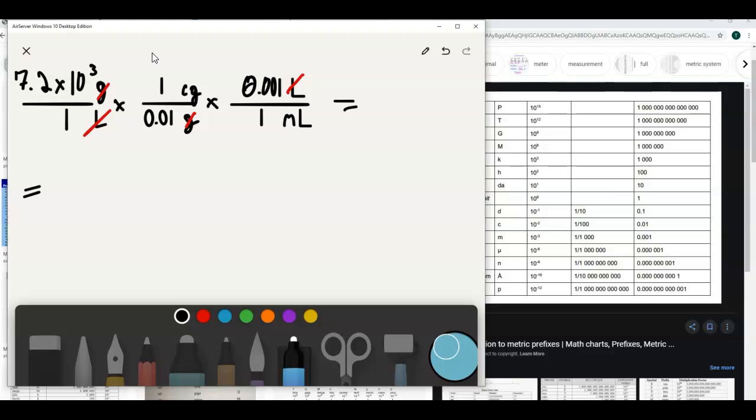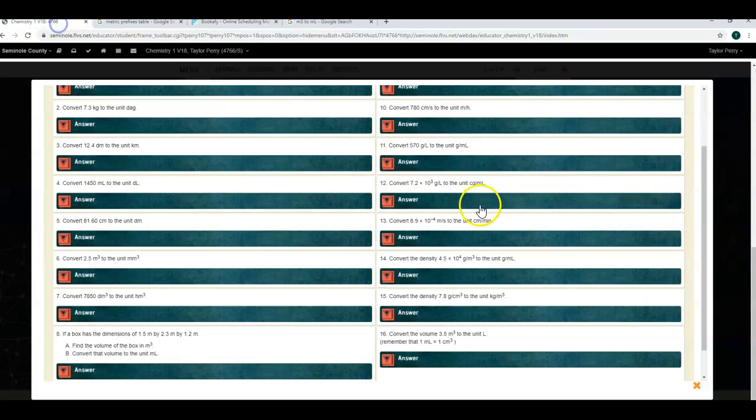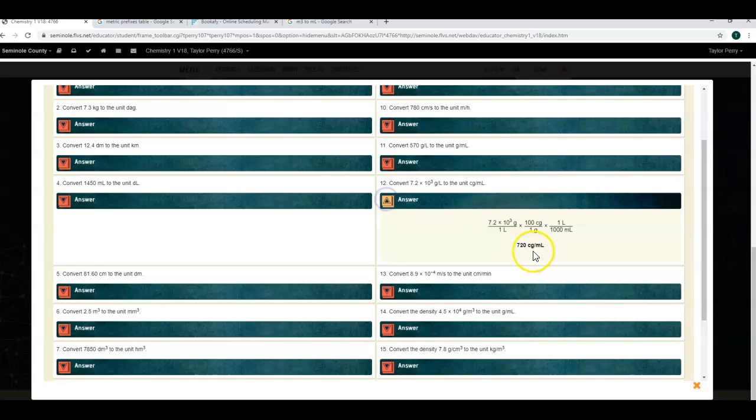Now I get, and I hope this is right, if not I'll have to go back and redo this, 720 centigrams per milliliter. Let's see if that's correct. Oh yeah, 720 centigrams per milliliter.